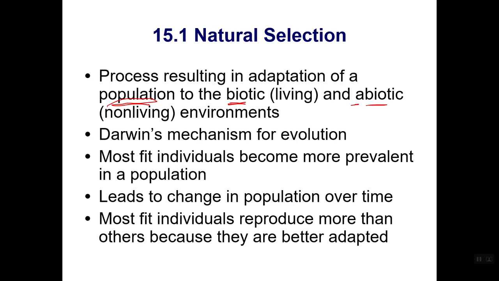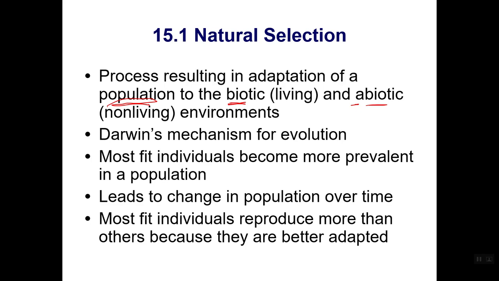And thus the gene pool, which is a term we'll discuss in a few minutes, is going to be more inclusive of alleles or genes that have more favorable traits. So this essentially leads to a change in the population over time.